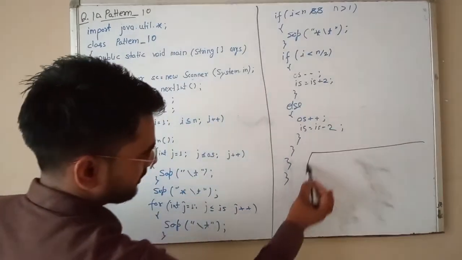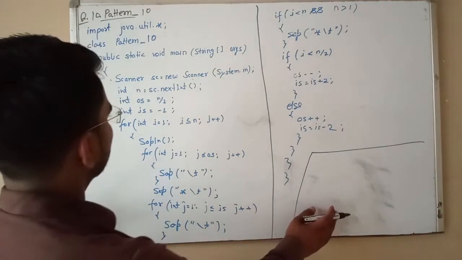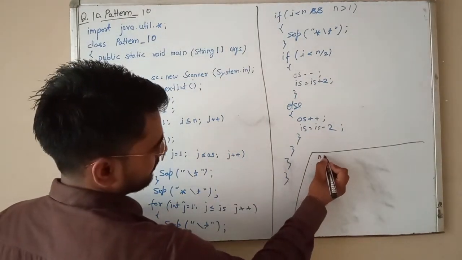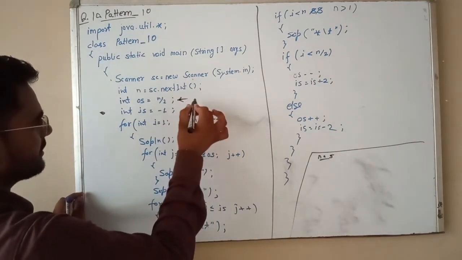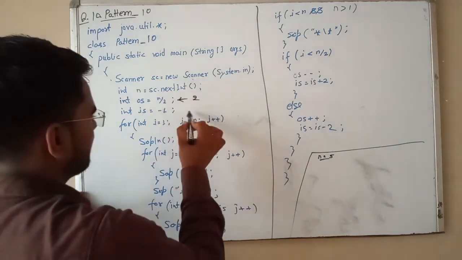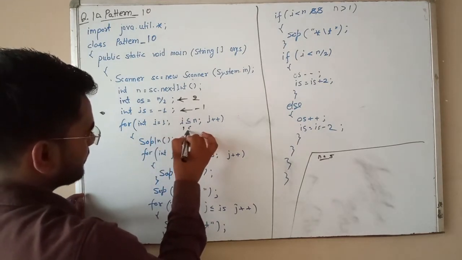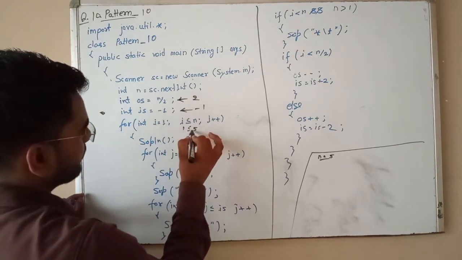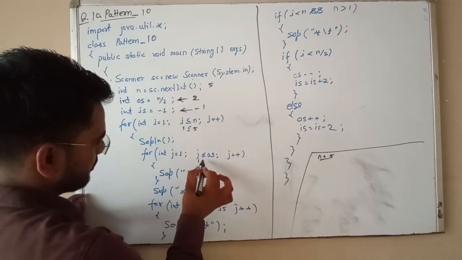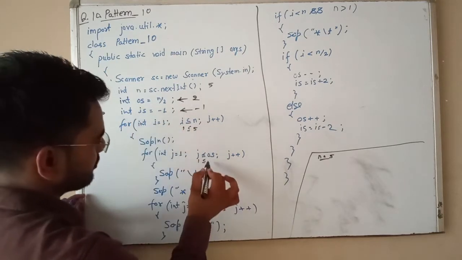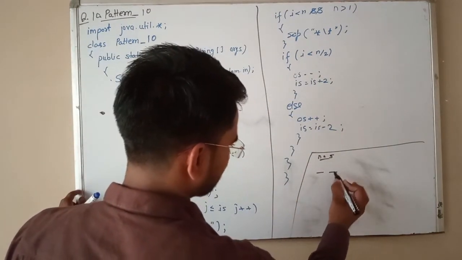Now the dry run. For example, take n value as 5. For n is 5, outer space is n by 2, which is 2, and inner space is minus 1. Here i is equal to 1, so 1 is less than or equal to n, which is 5, satisfied. Then j equal to 1, less than or equal to outer space 2, yes, so print 2 spaces.